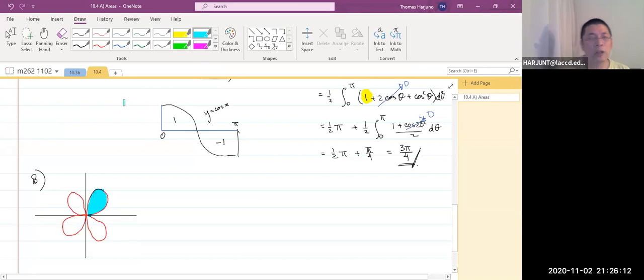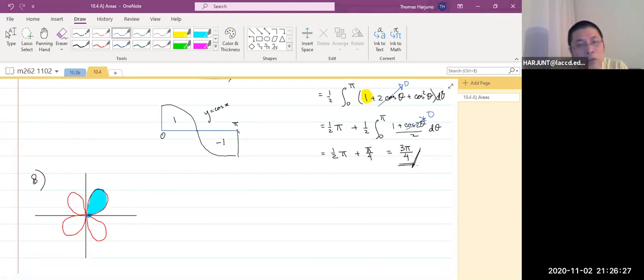Now for that one leaf, we start from theta at the origin, going back to theta at the origin. So we will be looking for two consecutive thetas that reach the origin.